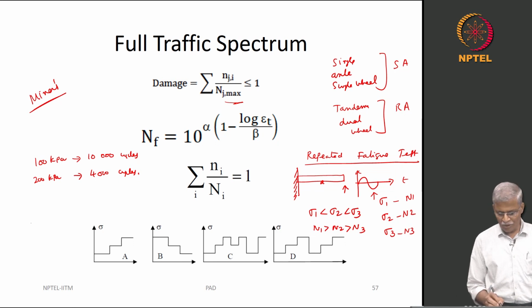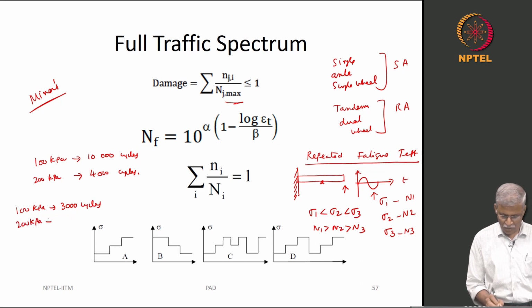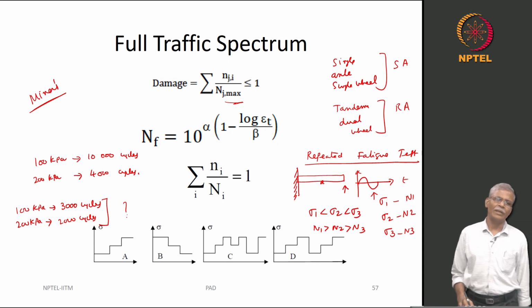Now, I want to ask you this question: if I give 100 kilopascal load only for 3000 cycles and 200 kilopascal load only for, let us say, 2000 cycles, what is the remaining life?